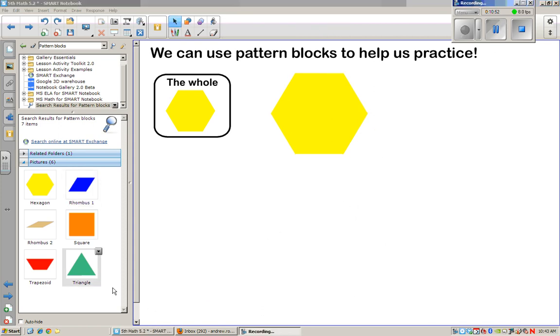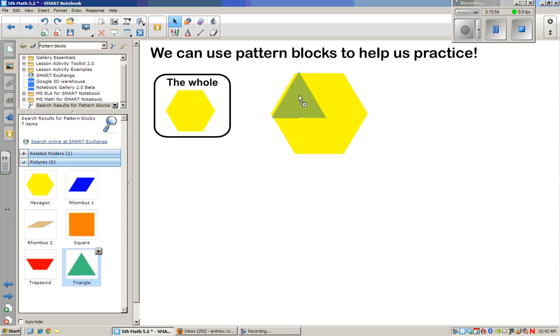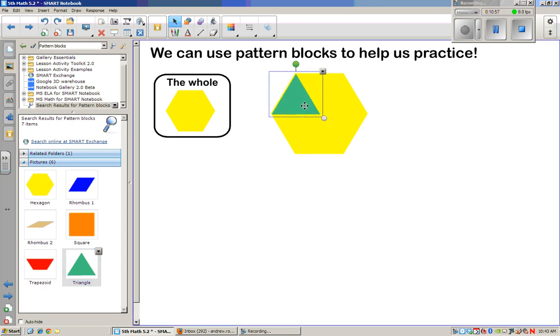All right, the last shape I want to show you is a triangle. We've got to see how many of these triangles will fit onto our whole. Well, we can fill half of our whole with 3.